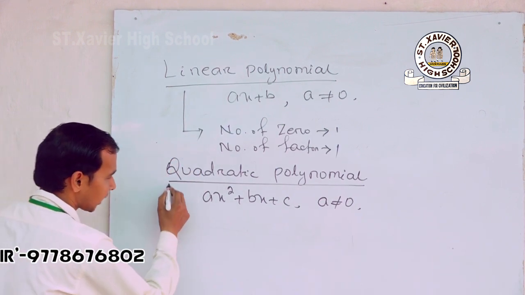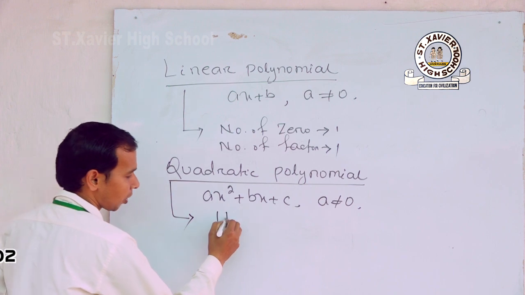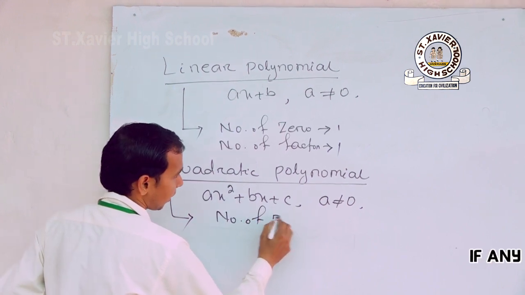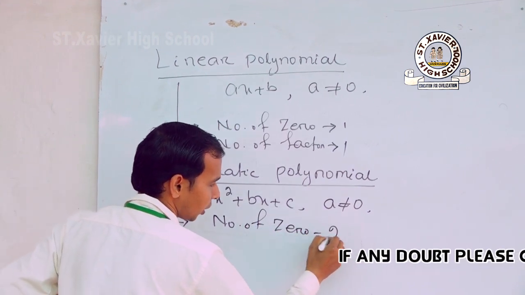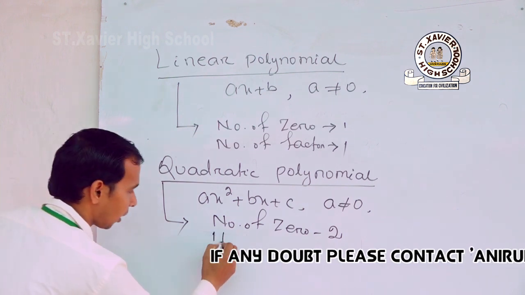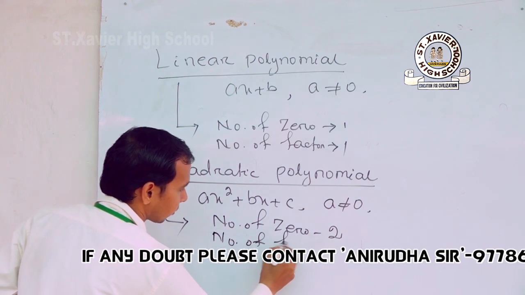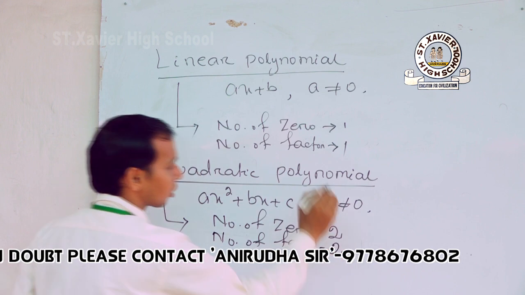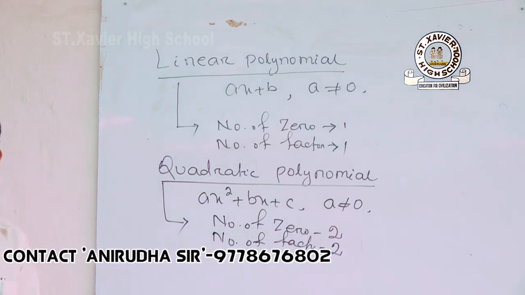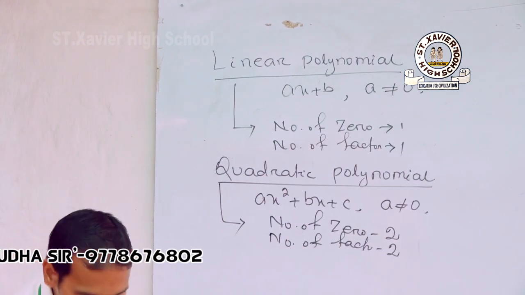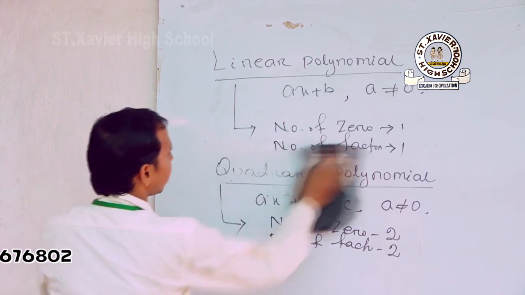Then in a quadratic polynomial, number of zeros you get 2. Then number of factors also 2. Confirm this. Now come to cubic polynomial.